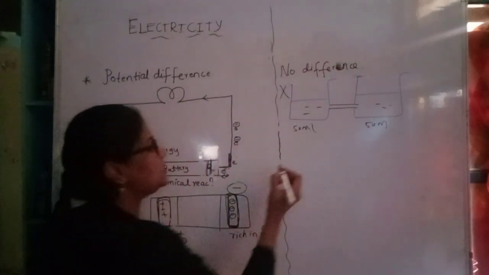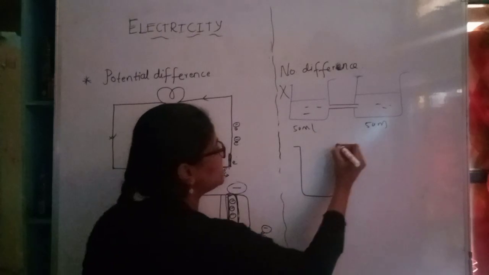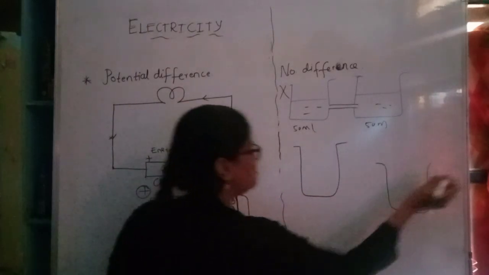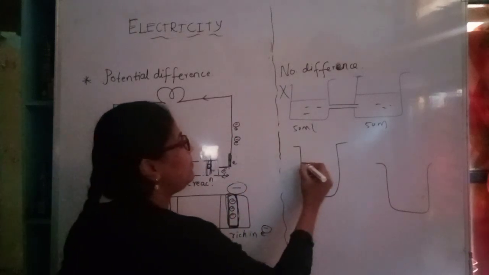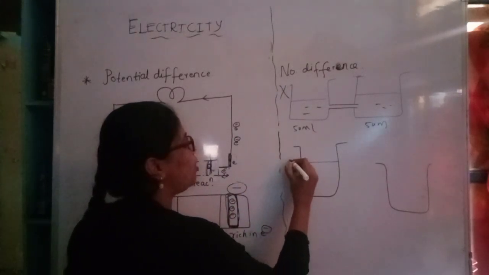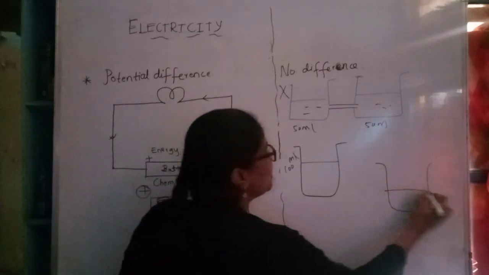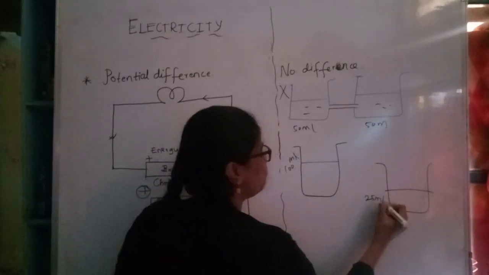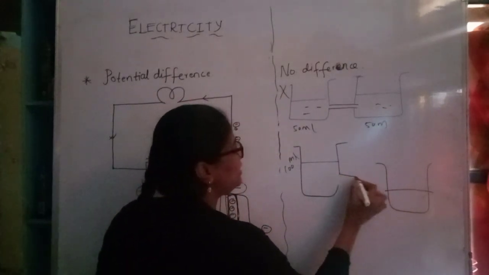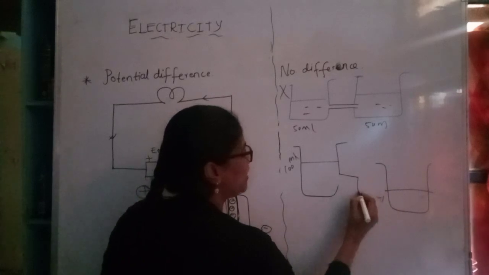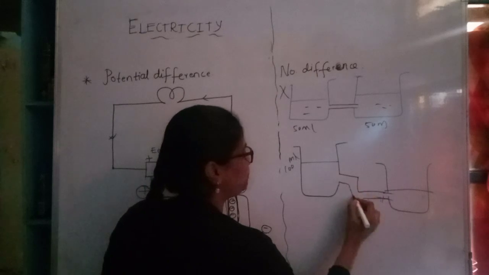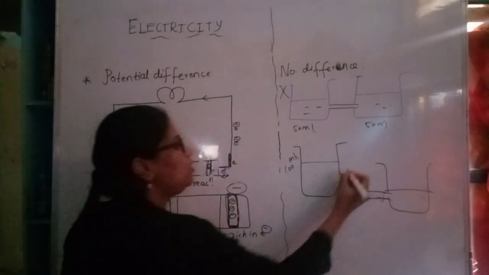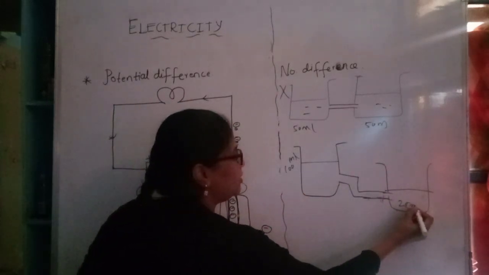Now let us consider the other case. One beaker is placed at a certain height, and the other is placed at a different height. I am taking 100 ml of water in one and 25 ml of water in the other, and connecting the two beakers using a pipe.